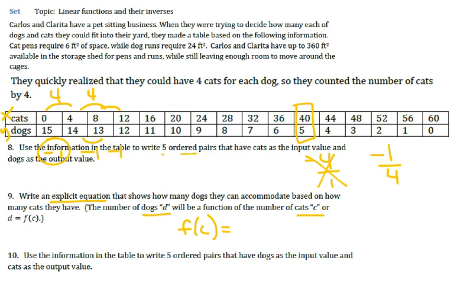That's where I made a mistake. So for every dog, because if we're thinking the coordinate plane, this is dogs, this is cats. Dogs goes up on top. So it'd be negative 1/4 cats plus 15. There we go, that looks better. That would be an explicit equation.